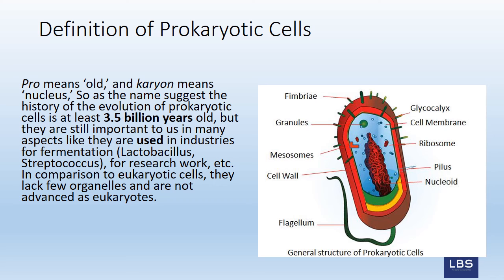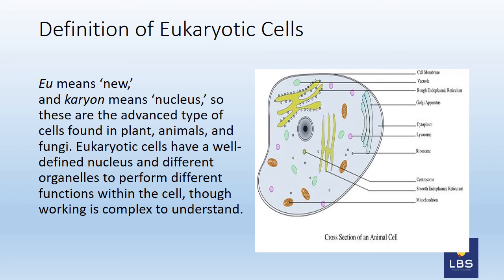Let's move towards the topic, and yes, what is the difference between prokaryotic and eukaryotic cells? This is all about the eukaryotic cell. Cross section of an animal cell. You can see the cell membrane, vacuole, ER, Golgi body, cytoplasm, lysosome, ribosome.